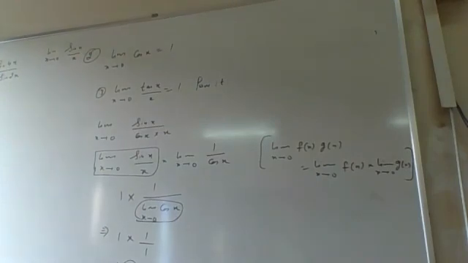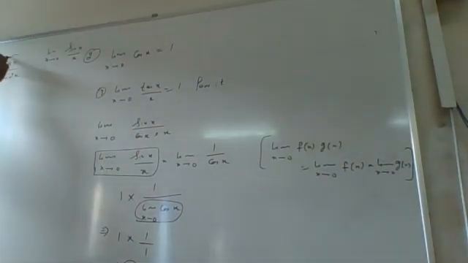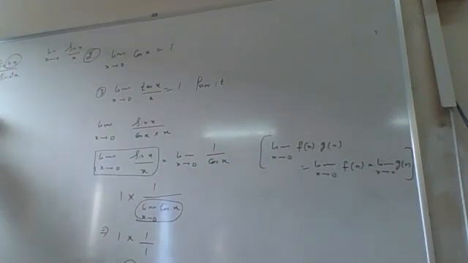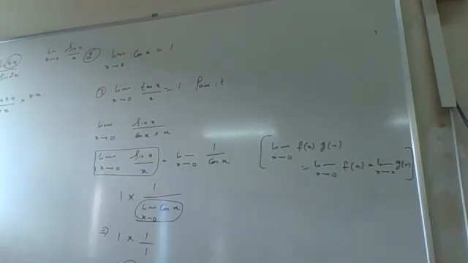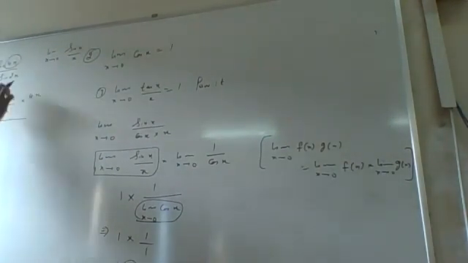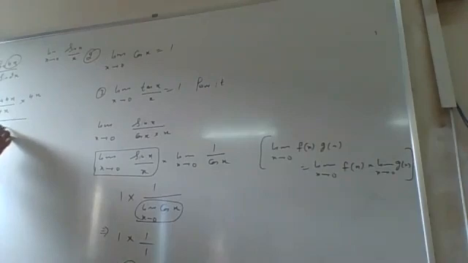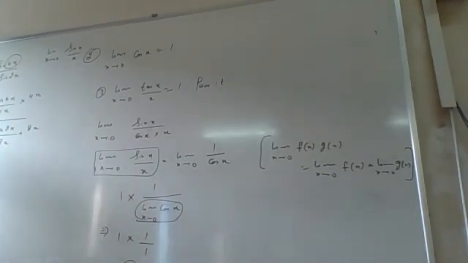So, Naman, here is 4x. If I have to create 4x here, I have to multiply by 4x also. Divided by sin 2x. If I have to create 2x here, I have to multiply by 2x also.